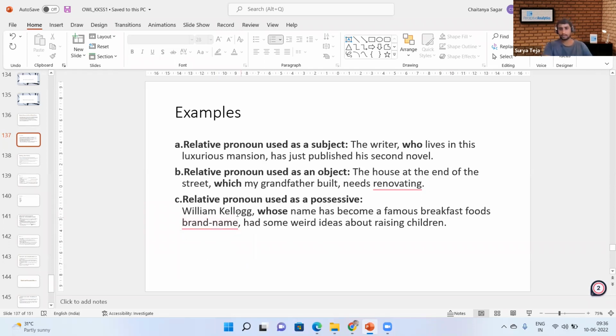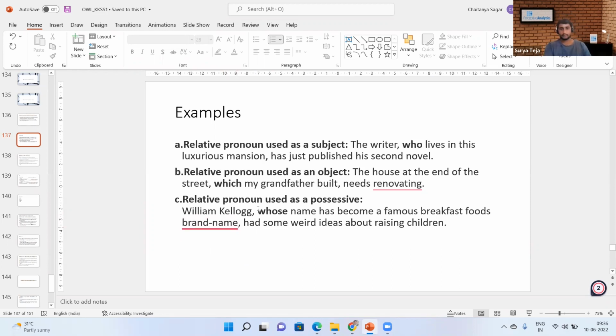What we want to communicate is that William Kellogg had weird ideas about raising children, and between these commas is non-essential information, giving extra information about that person but not necessarily adding value to what the author wants to communicate to the people.